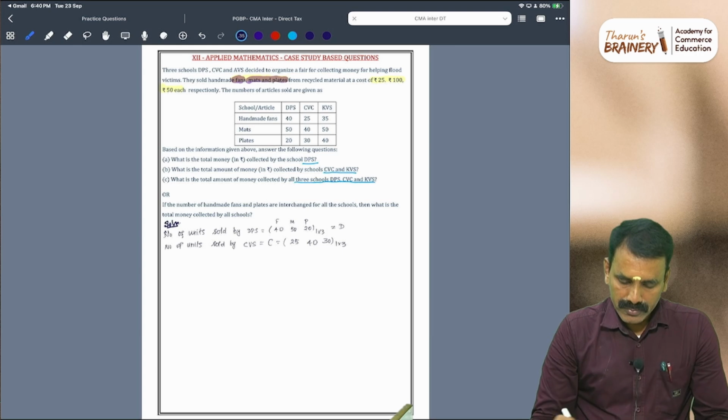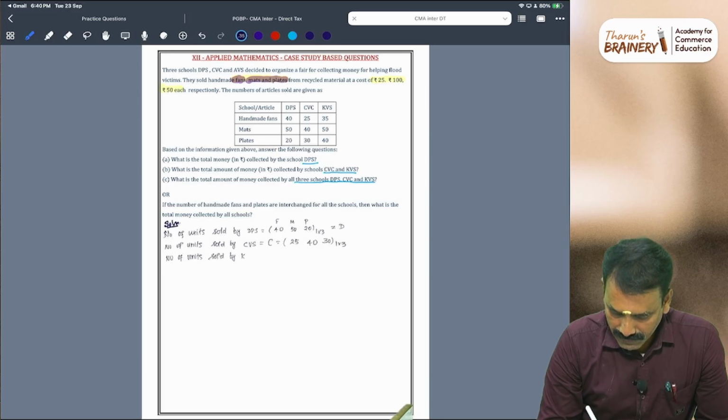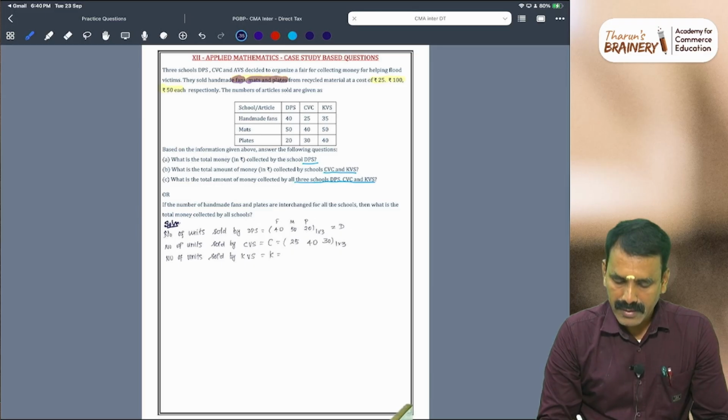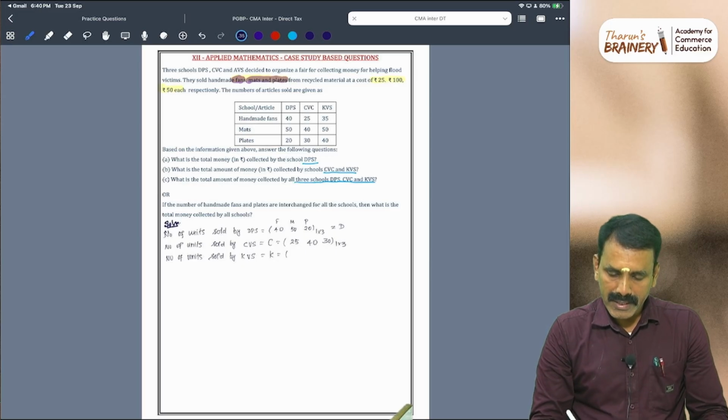And the third school, number of units sold by KVS, we take it as K. Again it is written in the row matrix format.